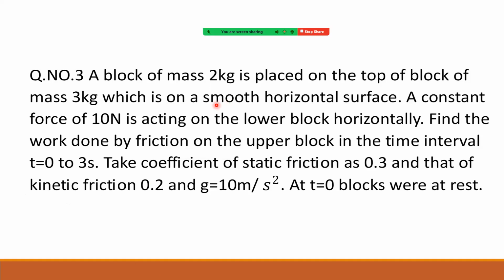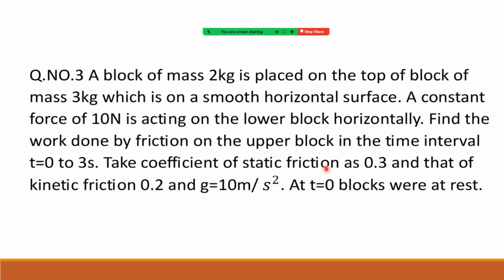Right, see the question. A block of mass 2 kg is placed on the top of a block of mass 3 kg, which is on a smooth horizontal surface. A constant force of 10 Newton is acting on the lower block horizontally. Find the work done by friction on the upper block in the time interval t equal to 0 to 3 seconds.